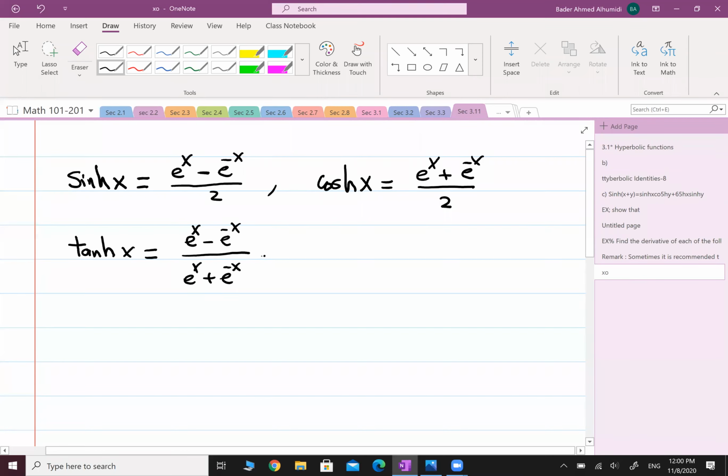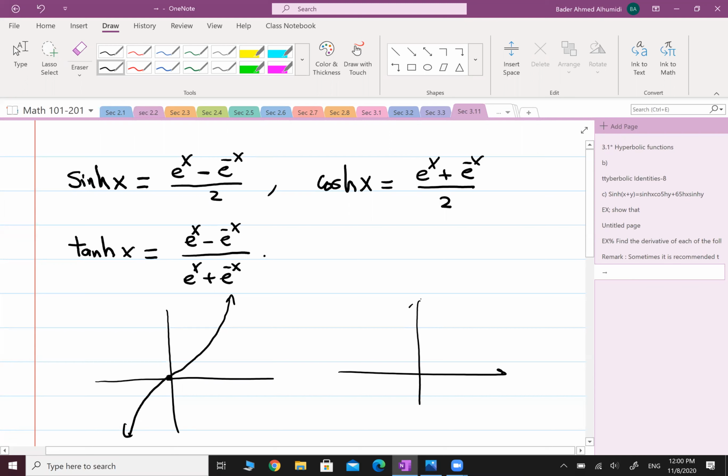We discussed how to evaluate these functions and the graph of each one of them. For example, we found that the graph of hyperbolic sine is similar to x cubed, passing through the origin. We found also the graph of hyperbolic cosine to be similar to a parabola. It's not a parabola, but it is similar in shape to y equals x squared plus 1.